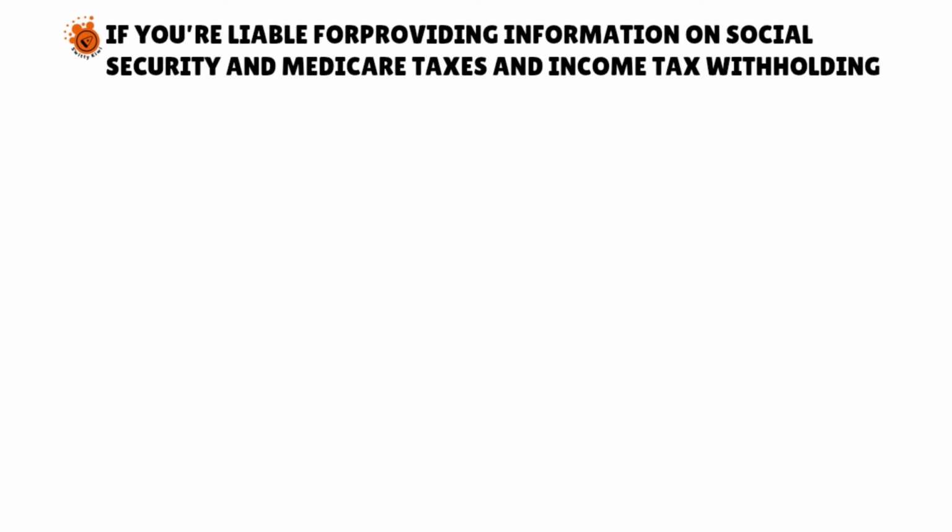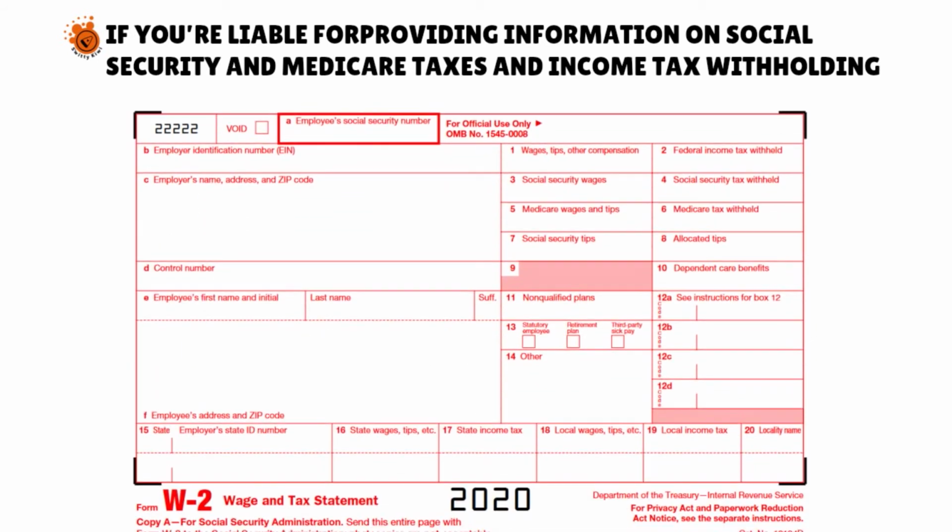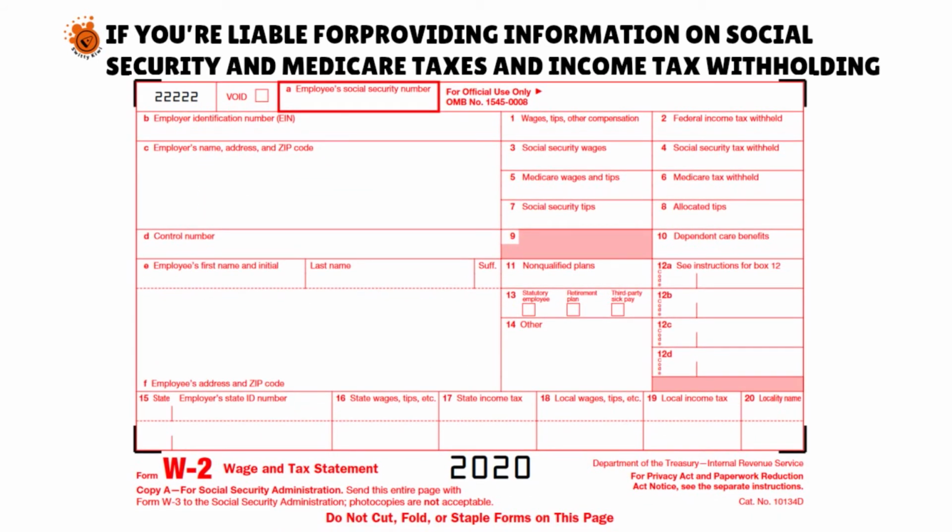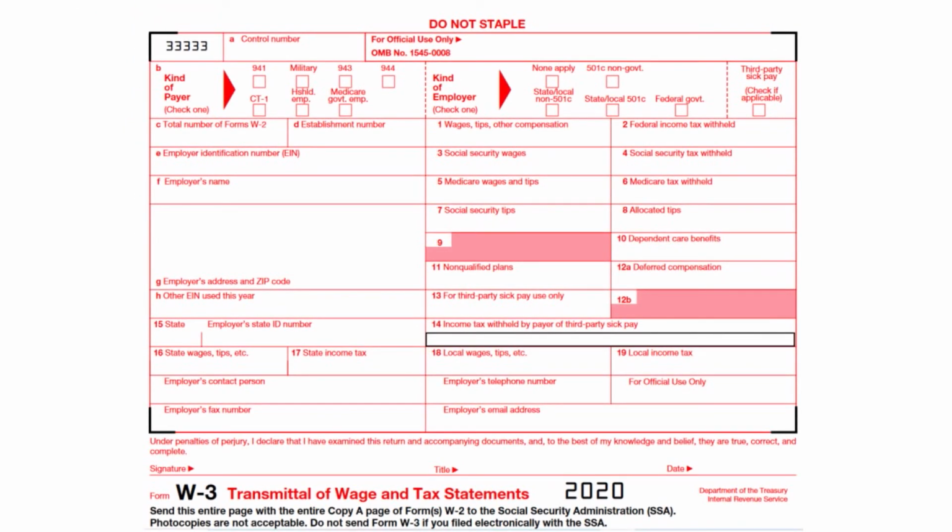If you are liable for providing information on Social Security and Medicare taxes and income tax withholding, then use Form W-2, the wage and tax statement, and W-3, transmittal of wage and tax statements to the Social Security Administration.